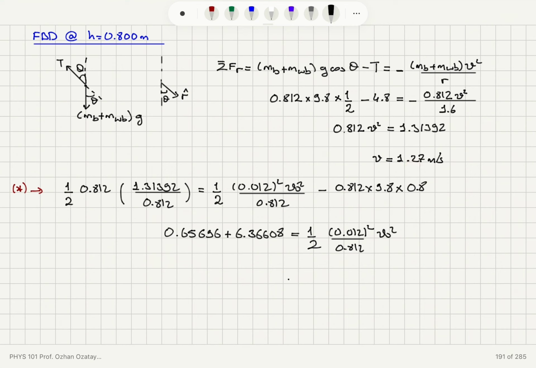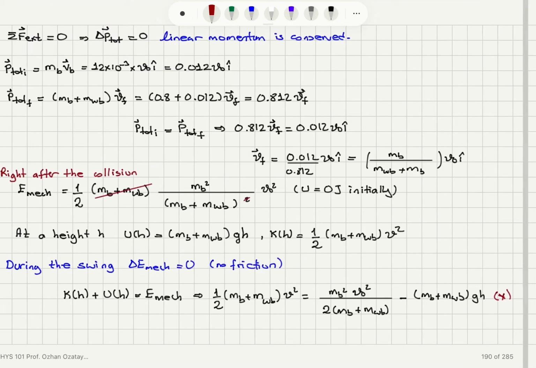And finally, if I multiply the left side with 2 times 0.812 and divide it by 0.012 square, I can obtain v0 to be 281 meters per second. That was the initial speed of the bullet.